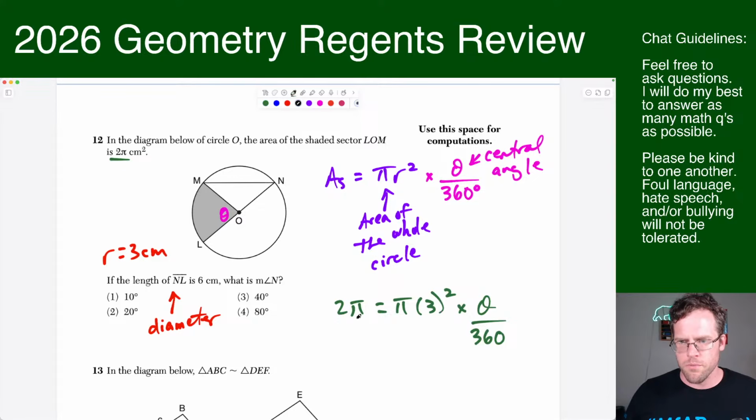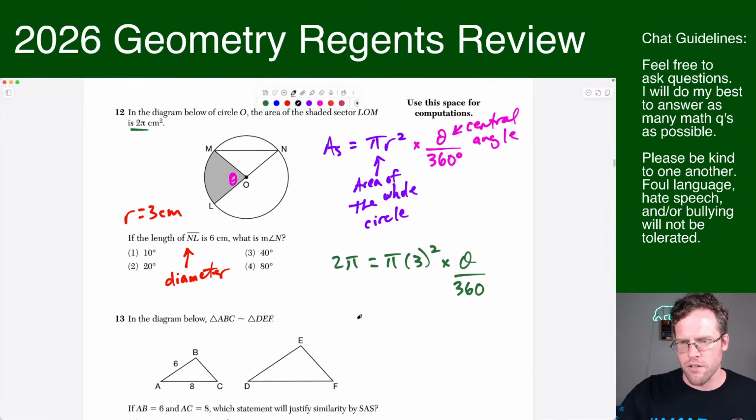So now I just do the algebra here. I don't want to skip too much algebra, so I'll show more steps. So 2 pi equals 3 times 3 is 9, and 9 times pi gives us 9 pi, and then we have times theta over 360.